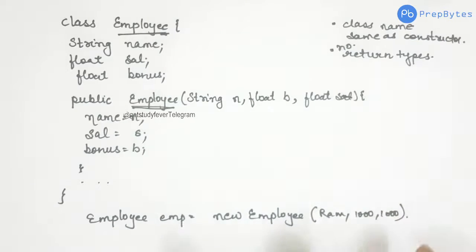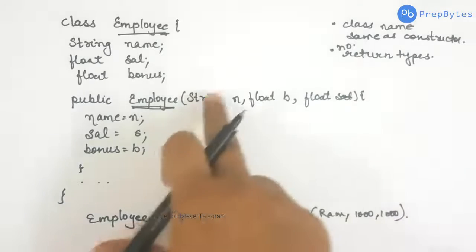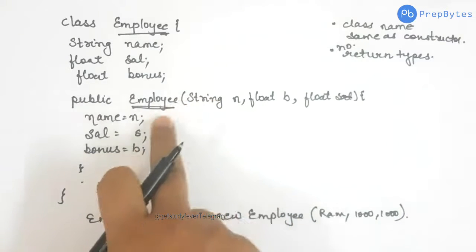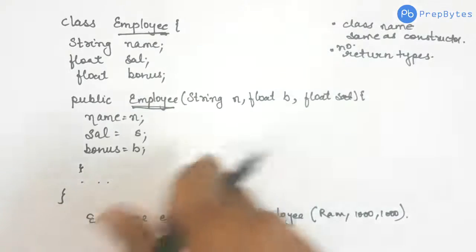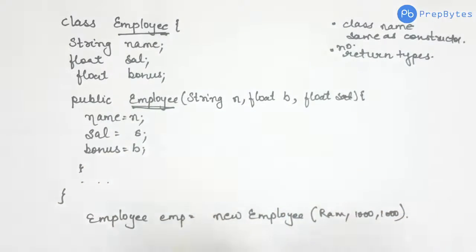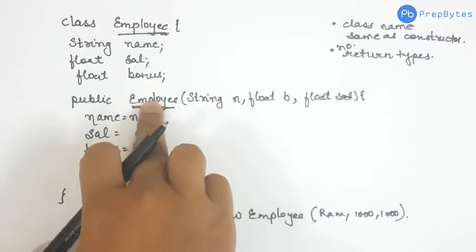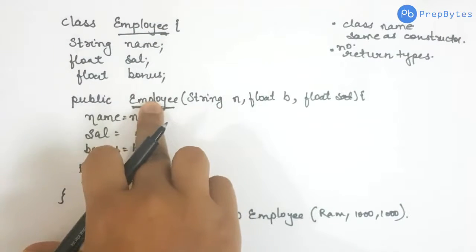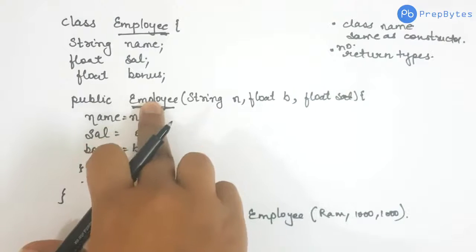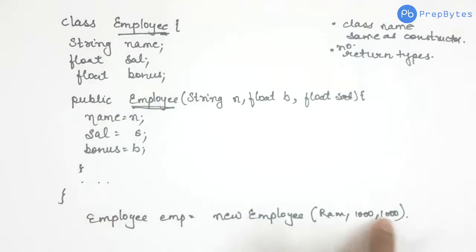So what happens when this particular object is created? At this place only this constructor gets called and these variables get initialized. So this is how a constructor gets called. You cannot simply make an object of employee and call this constructor. Like object dot method, which we were using to call other methods, this gets called at the very place the new object gets created.